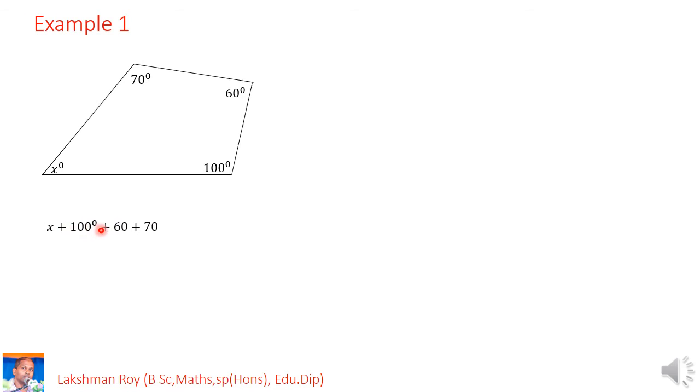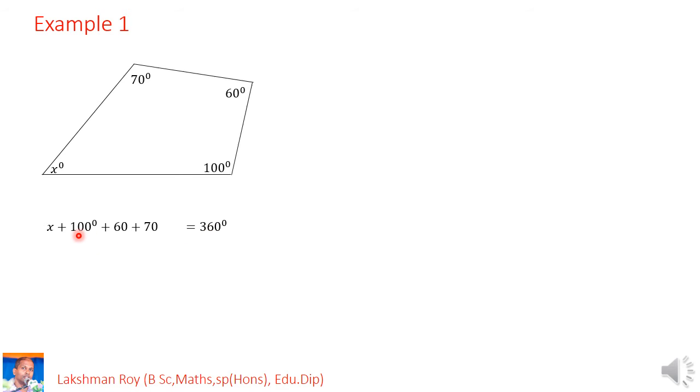If you add those, you get the sum of interior angles of a quadrilateral. So earlier we learned that is equal to 360 degrees. Any quadrilateral, if you add those four angles, equals 360.